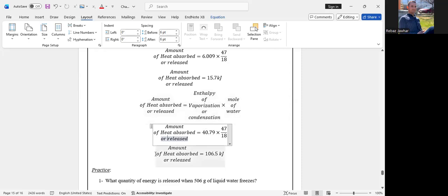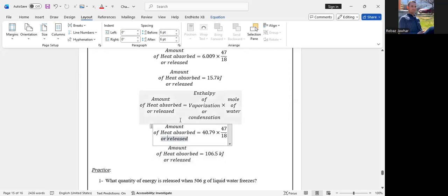Okay, now the last step. The amount of heat absorbed or released equals 40.79 times 47 divided by 18, which equals this amount of heat absorbed or released.